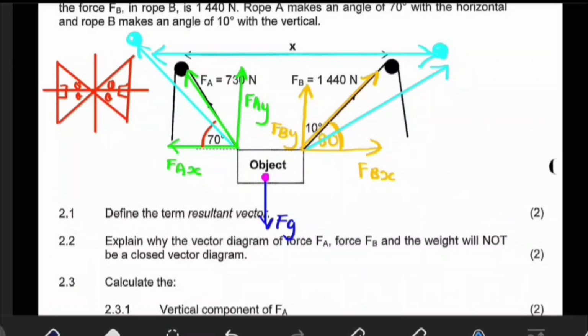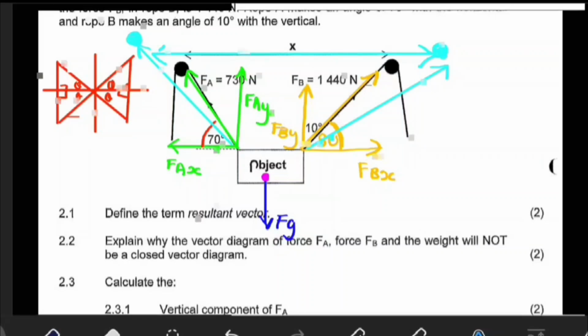So they wanted us to explain why the system will be less effective. So yes, we know that if this distance x increases, the vertical components of these forces will decrease. And this system could possibly not be able to even pick up the weight. So yes, it will be able to pick up something, but not necessarily this object that we have.